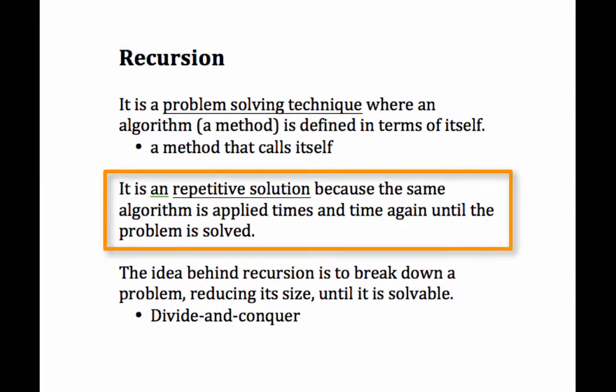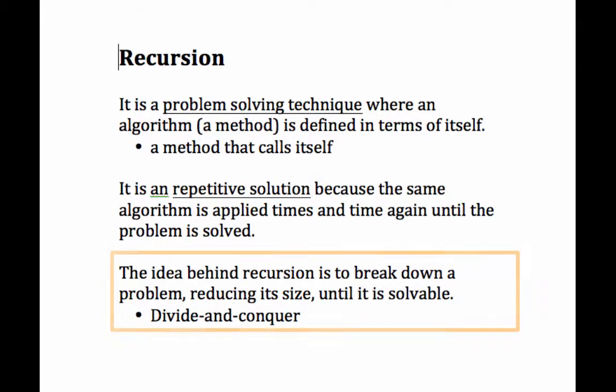So we're trying to apply the same solving technique to a particular problem until the problem is solved. This is actually part of the divide and conquer techniques that we have seen many times in computer science. What that means is we take a large problem and we try to divide it into smaller problems. Recursion works in a similar way.